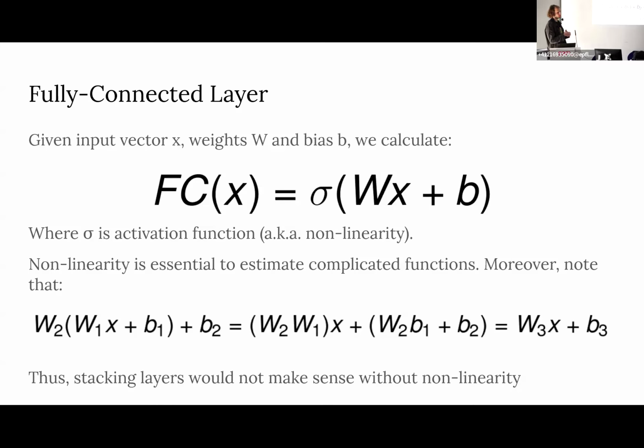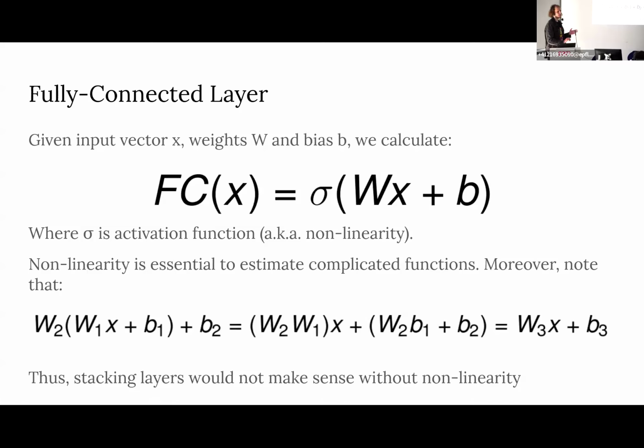That's why we use nonlinearity. This happens because applying a linear operation after a linear operation results in a linear operation. And if you avoid having nonlinearities, we always end up with something linear.